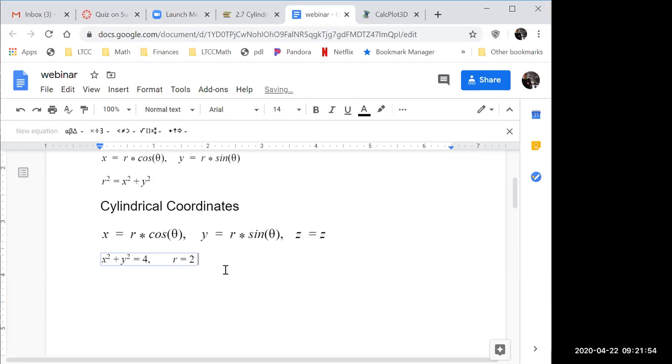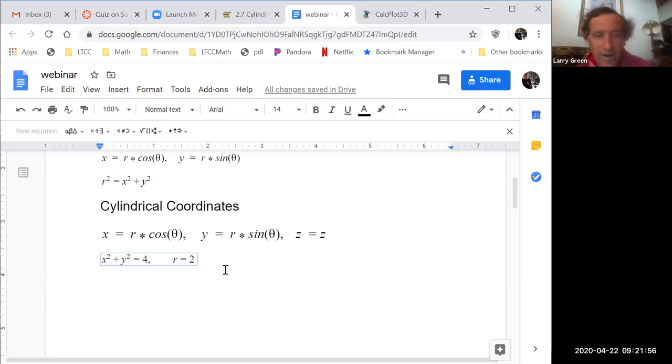Because x squared plus y squared is r squared. So r squared is 4. r equals 2. Okay. And that is a very easy description of something, right? Whenever you just have one letter as a number, and that's the description, that's about as easy as it gets. Do you agree? So that's one of the main reasons why cylindrical coordinates is important.